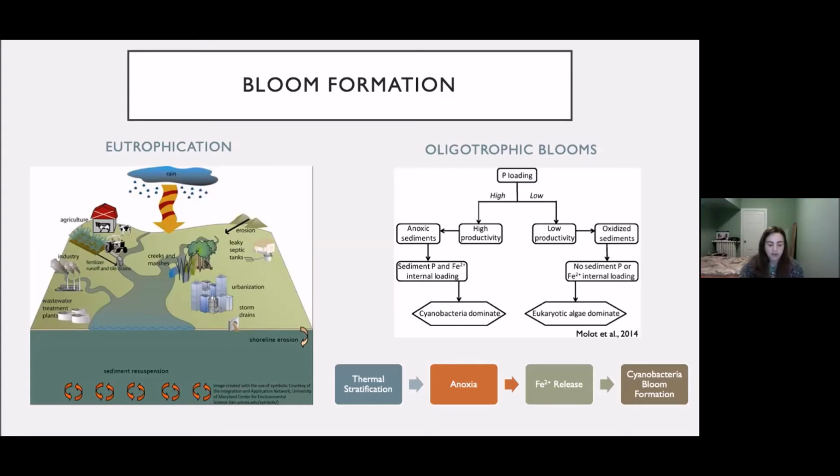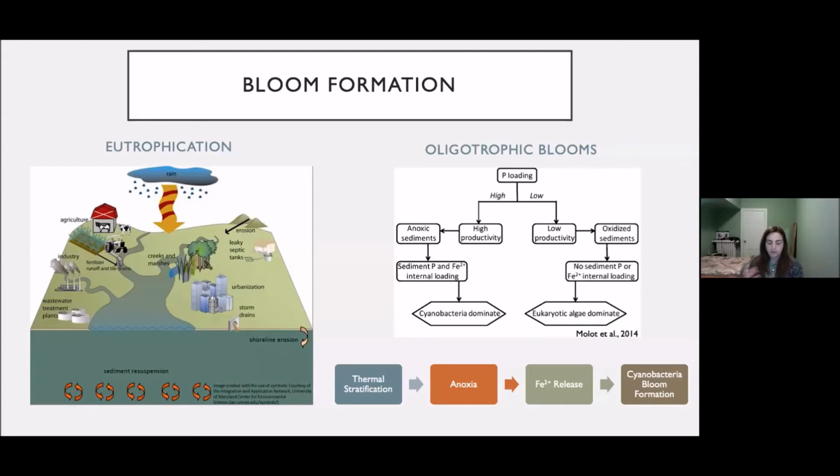In addition to eutrophic systems having cyanobacteria blooms as a result of eutrophication, oligotrophic or nutrient-poor systems are also now seeing blooms within Canada. And while not a lot of research has been done on this topic, the current suspected cause of the occurrence of blooms in these systems is increasing thermal stratification of water, which leads to anoxia in these lakes along the bottom of the lake.